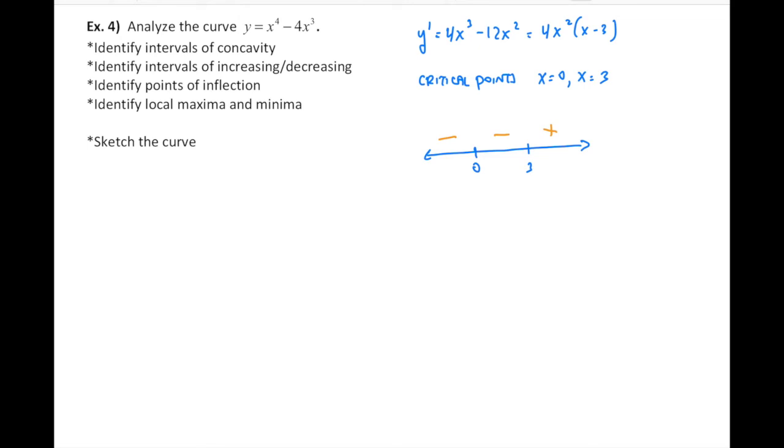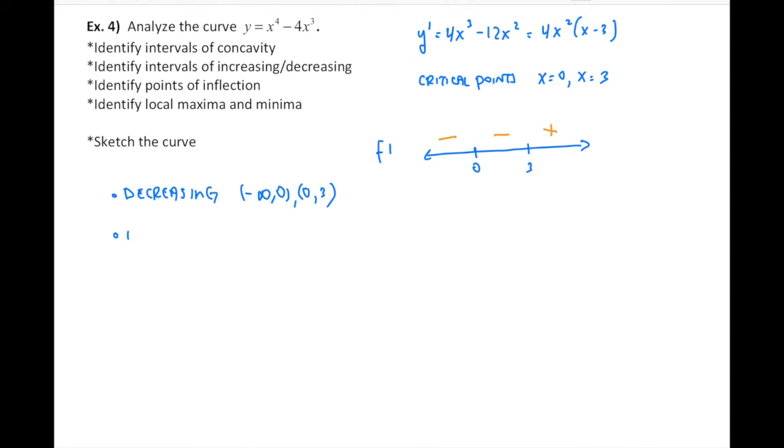So we are decreasing whenever the first derivative is negative. So we are decreasing from negative infinity to 0, 0 to 3. Notice I'm not including 0 because that's a 0. The tangent line is 0 at that point. That's a horizontal tangent, like things like x cubed.